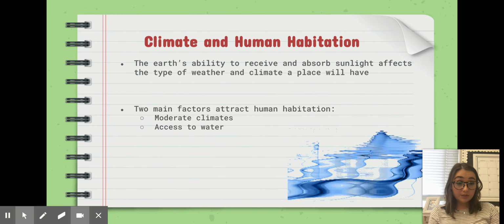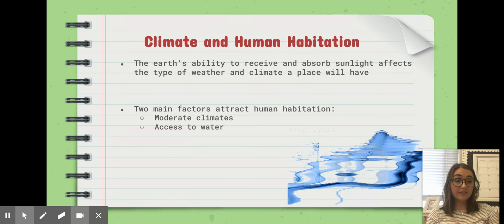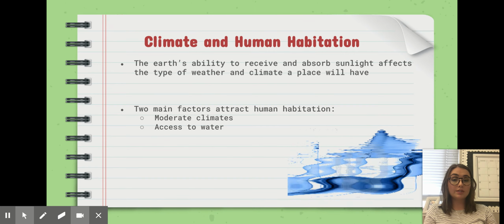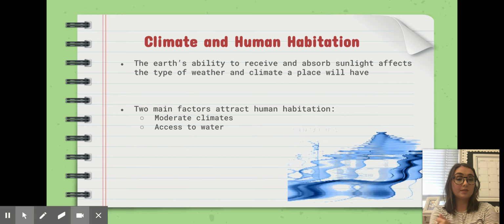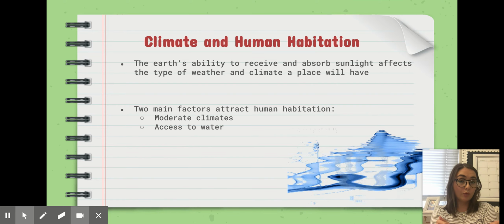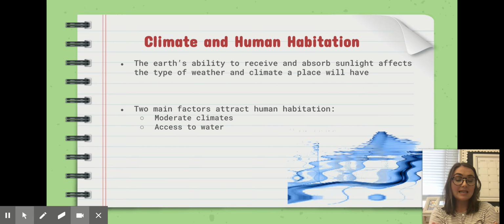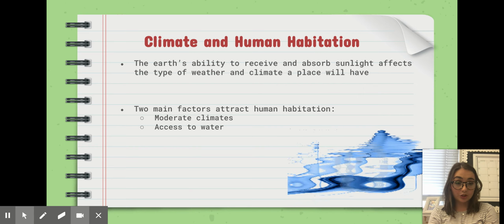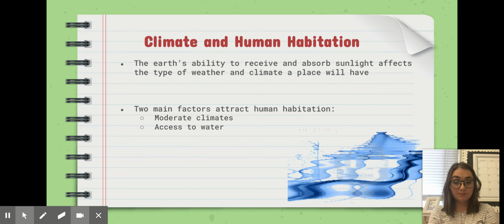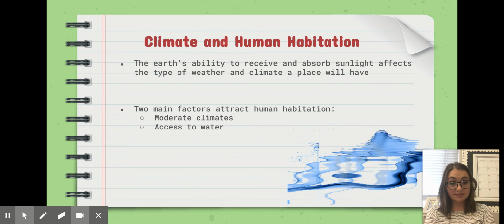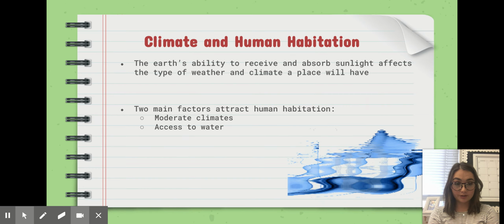I'm going to give you those reasons. The first thing that you need to know is that the Earth's ability to receive and absorb sunlight affects the type of weather and climate a place will have. And the two main factors that attract human habitation are moderate climates and access to water.